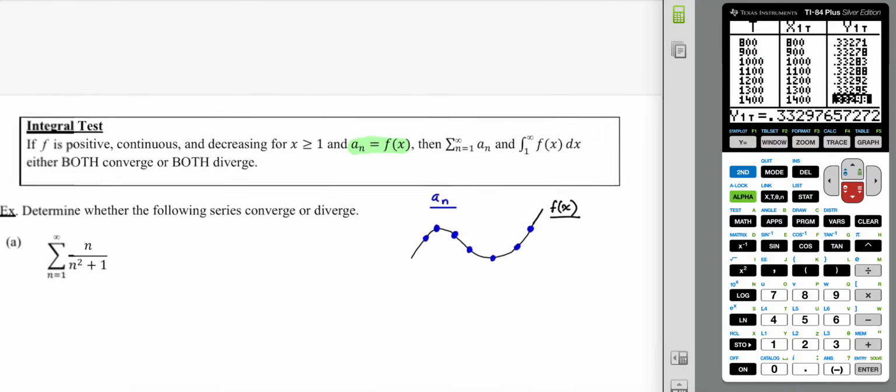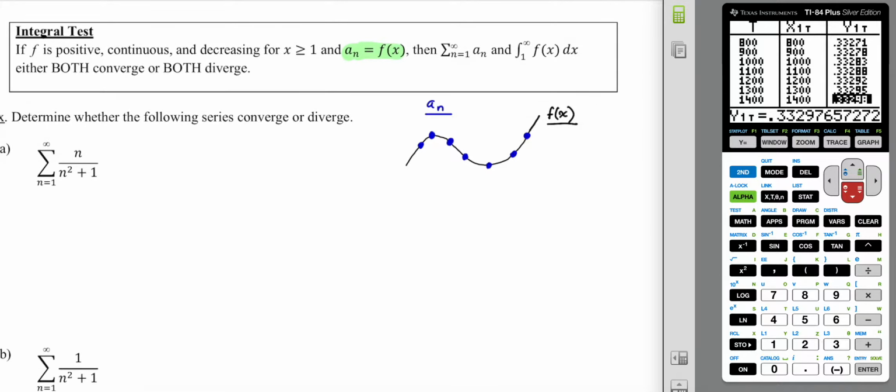All right, and that's because, again, it says if f is positive, so above the x-axis, continuous and decreasing for x greater than or equal to 1. So the function could be doing anything it wants for values less than 1. But as long as it's decreasing, positive, and continuous after or equal to x equals 1, and it also traces out the path created by a sub n, then the summation and the integral will either both converge or both diverge.